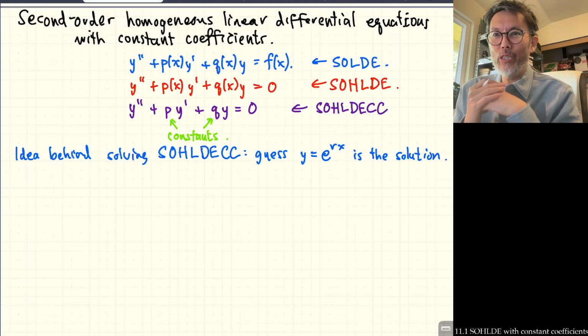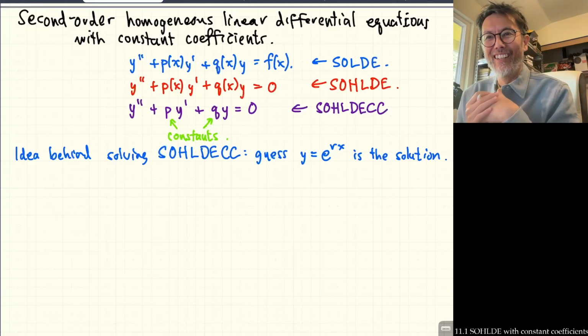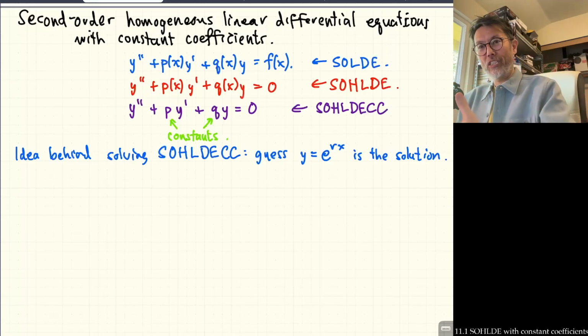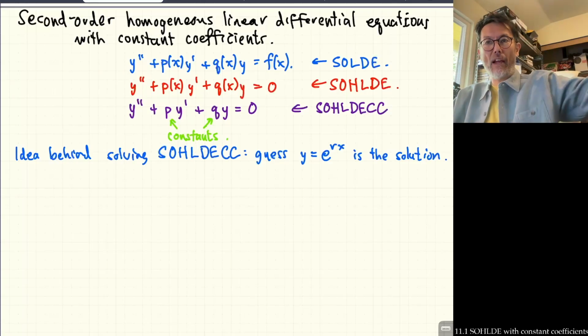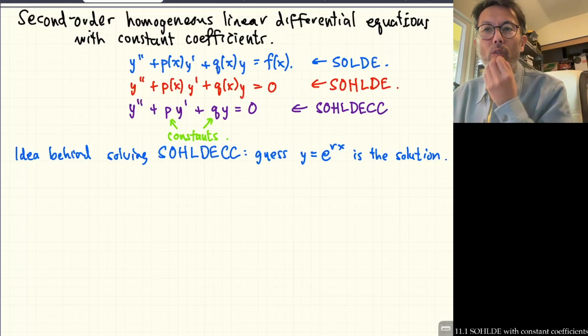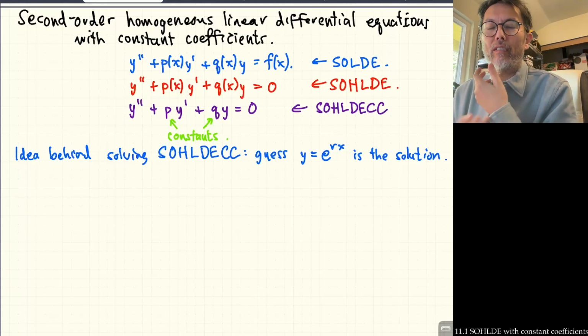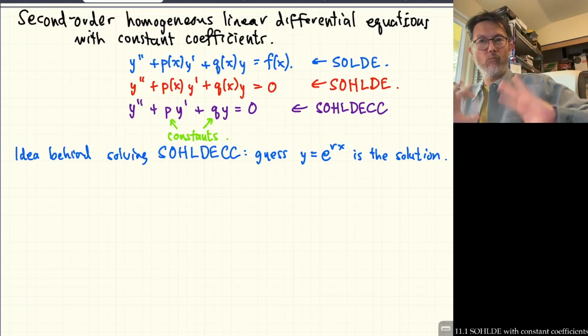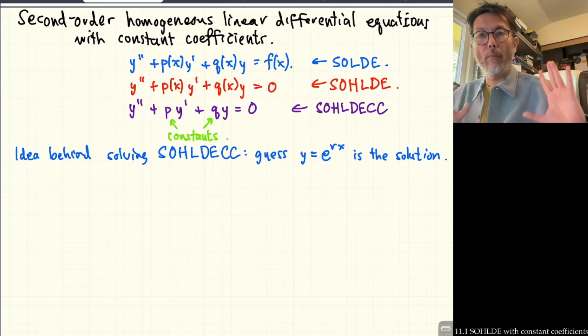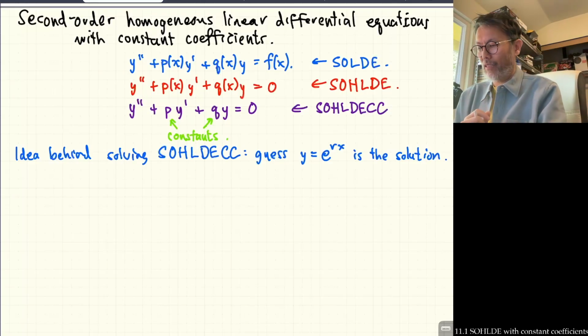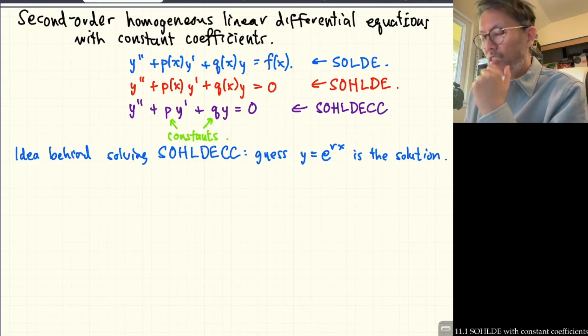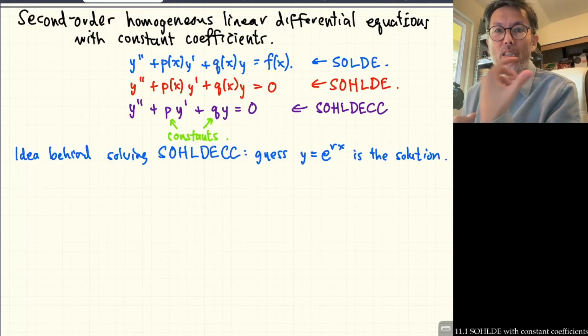And a really good way of doing it is simply to make a really good guess. Fortunately, once you learn this and you know how to solve this, we can mash them together to get every single solution, and then we can start using these in the context of where we're headed. We're headed toward a theory for what are called harmonic oscillators. So that's coming. But let's go ahead and make this guess and see what happens.